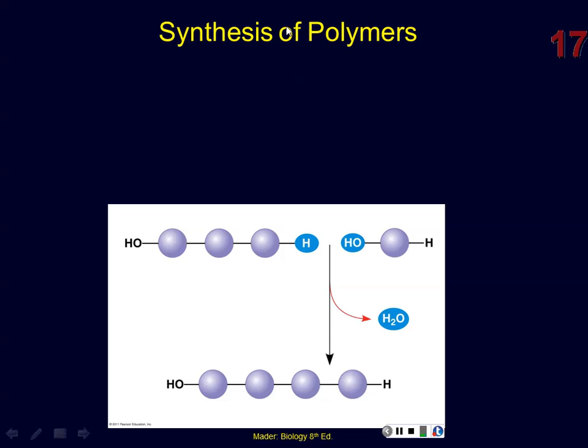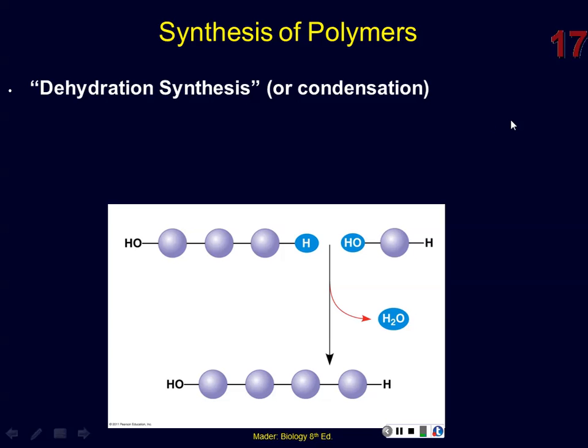So synthesis is the putting together of a molecule or making a molecule. So if we're making a polymer, that means that we're taking lots of monomers and joining them together. The reaction that does that for all of these molecules is called dehydration or condensation synthesis.